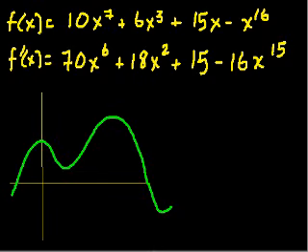So if I wanted to know the slope at, say, this point right here, I could use the derivative function to figure out the slope of the tangent line, which would be something like that right there. Or at this point, once again, I would use the derivative function, and it would tell me the slope of the tangent line at that point, which would be something like that.